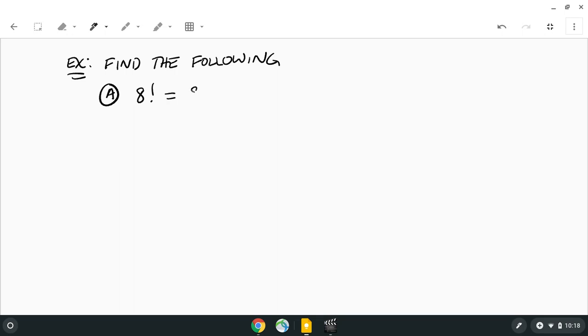So that would be 8 times 7 times 6 times 5 times 4, 3, 2, 1. Okay, it's all multiplication. So you could punch that all into your calculator and you would get 40,320. Okay. So now check with your factorial button and see that you do get that answer.